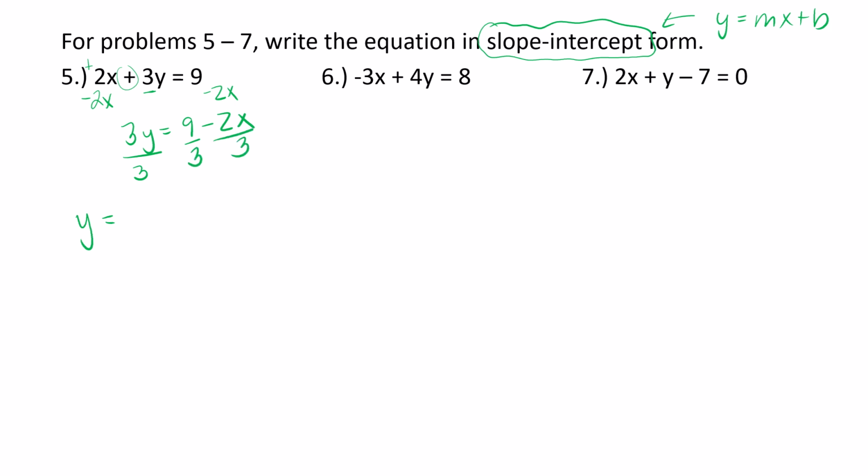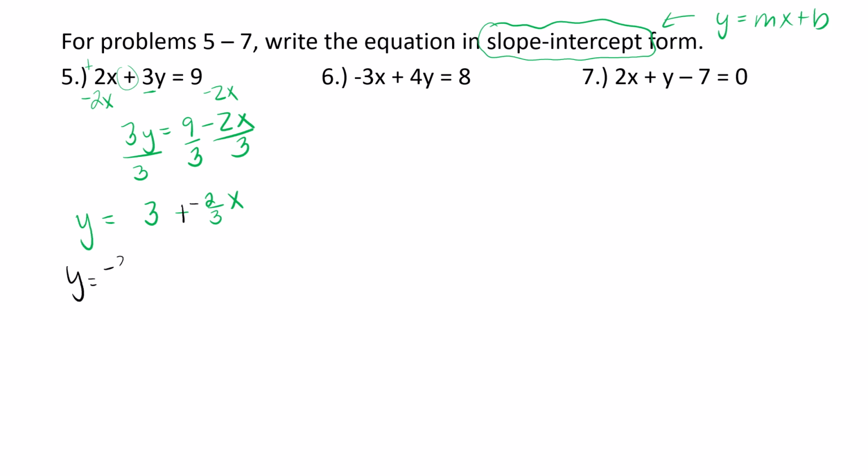9 divided by 3 is 3. And then I'm going to rewrite that as minus 2/3 x. Okay, so I'm basically going to yank the x out of the numerator there. And the last thing I want to do here is remember that subtracting is plus a negative.